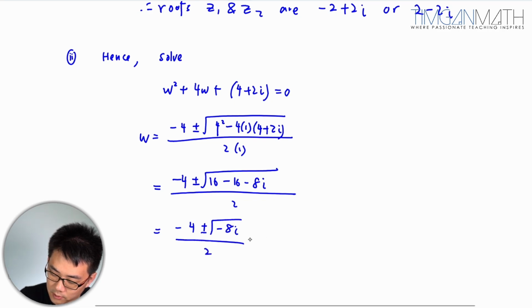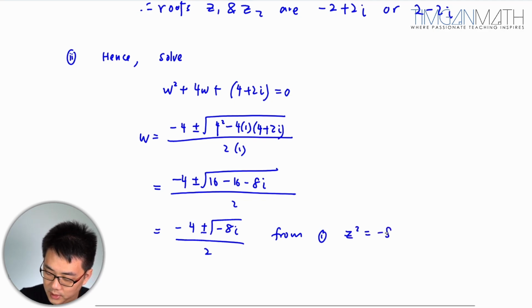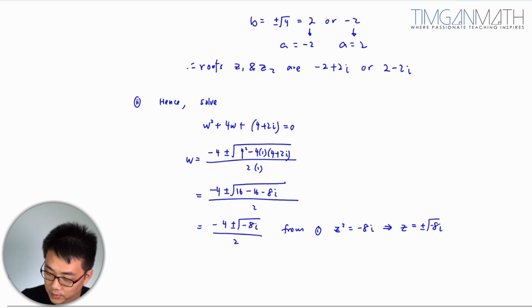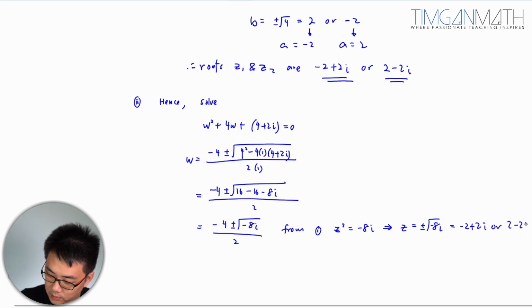From part 1, we know that z squared equals minus 8i, so z is the square root of minus 8i, which is minus 2 plus 2i or 2 minus 2i.